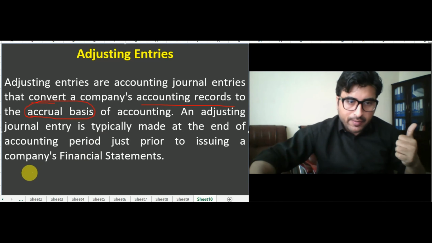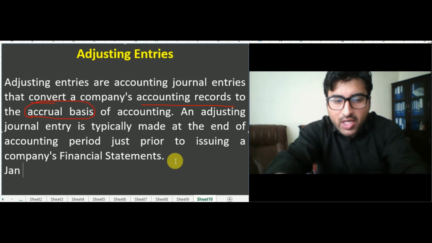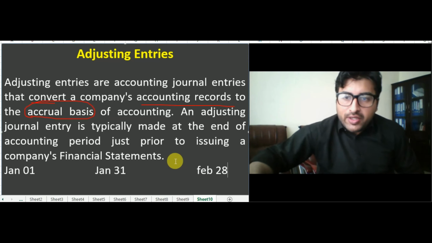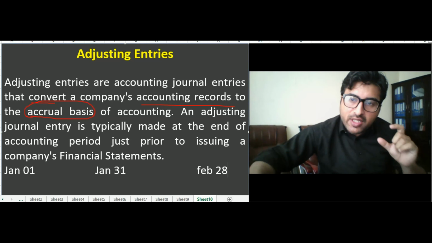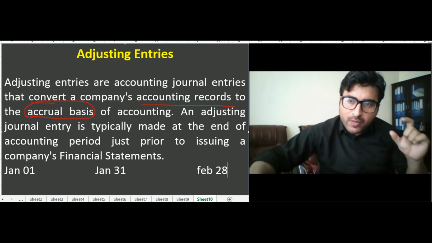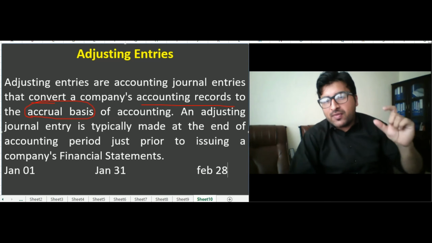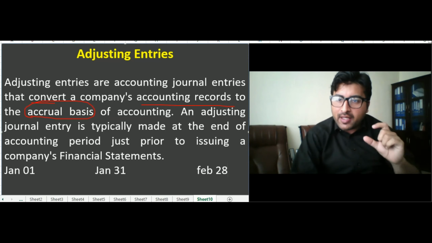For example, we have an accounting period of 1 month starting from January 1st and ending at January 31st, and another accounting period ending at February 28th. In our example, we assume an accounting period of 1 month. So what is an accounting period? Simply a period covered by the income statement. How often is your business preparing the income statement?